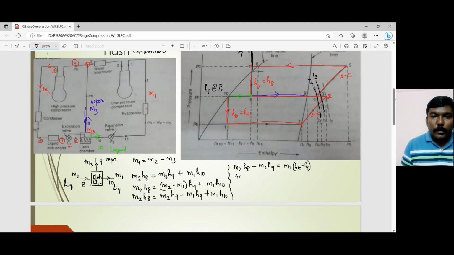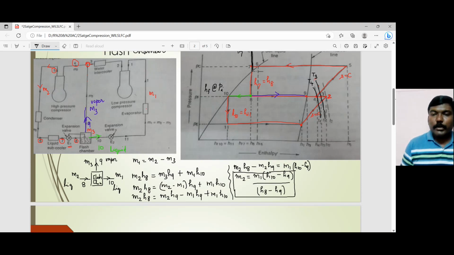Okay, and so my M2 is M1 times (H10 minus H9) divided by (H8 minus H9). So this is one formula by which you can estimate the value of the mass of the refrigerant that flows through the condenser. So this is one branch point, which is the flash chamber.